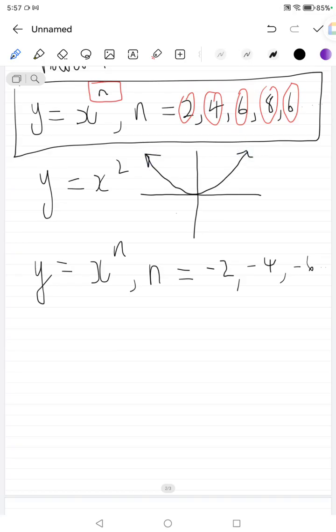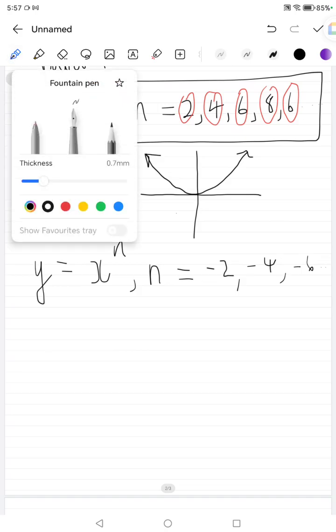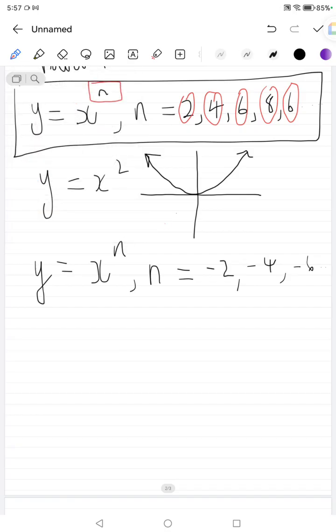Then we said it's going to be like this. If you're doing your reflections on this graph, you're just going to be creating mirrors. It means now if you mirror this, you're going to have something that looks like this. On this side, it's going to look like that.